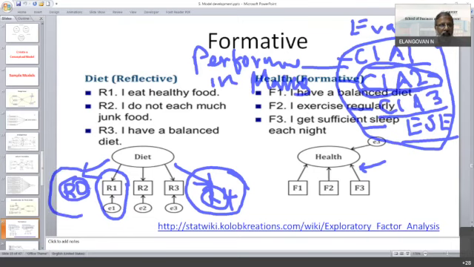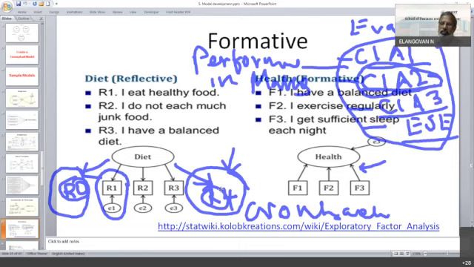Even in statistics, in Cronbach alpha, we will be calculating the reliability. If reliability is low, maybe one particular item is creating the problem, and we try to find it and remove that item.